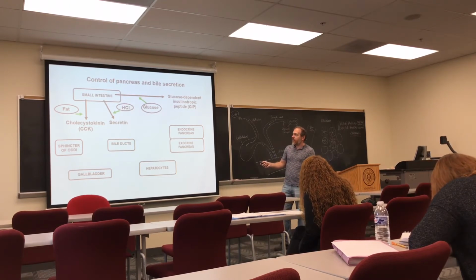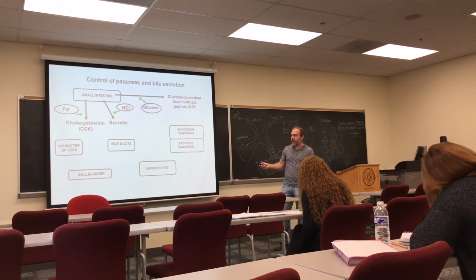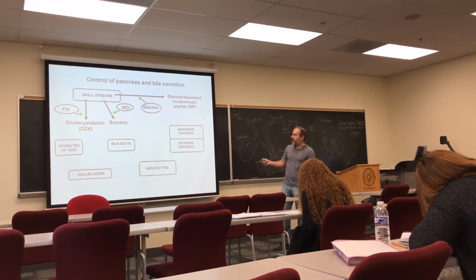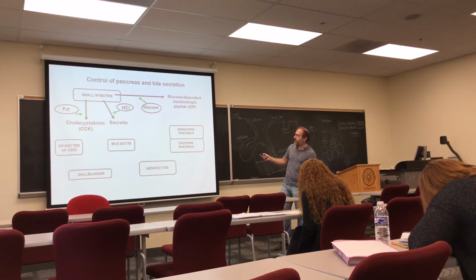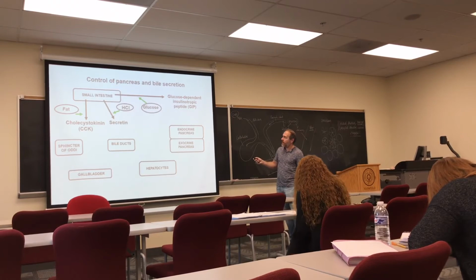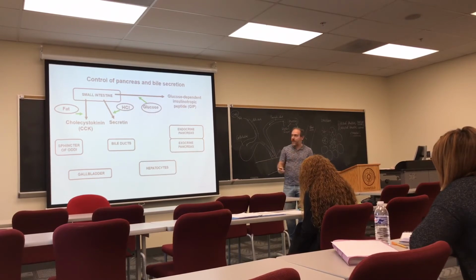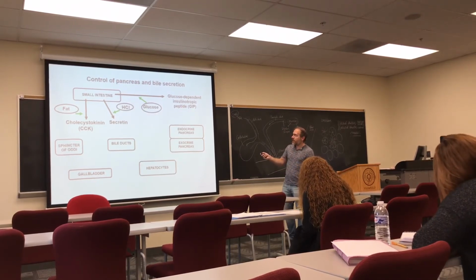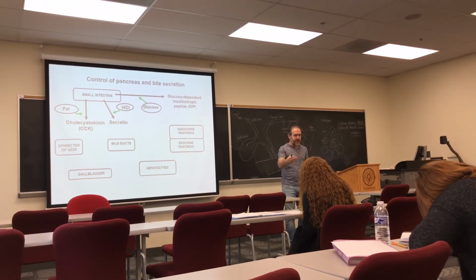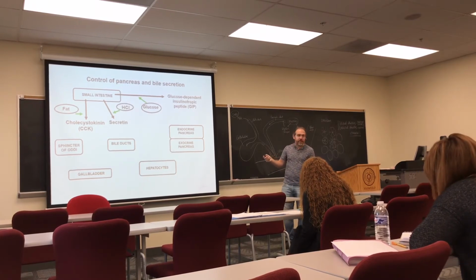The presence of hydrochloric acid in the small intestine stimulates the small intestine to produce secretin. And the presence of glucose in the small intestine stimulates the small intestine to secrete this thing that is called glucose-dependent insulinotropic peptide. Peptide means a small protein. Insulinotropic means producing insulin. And glucose-dependent means exactly that.